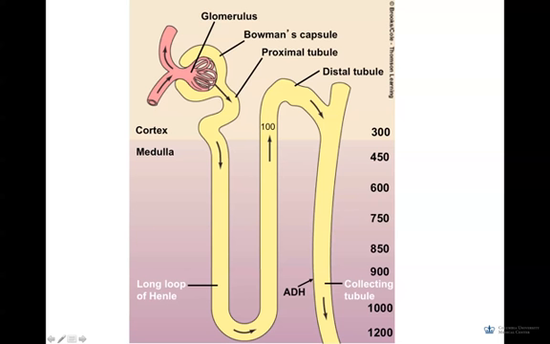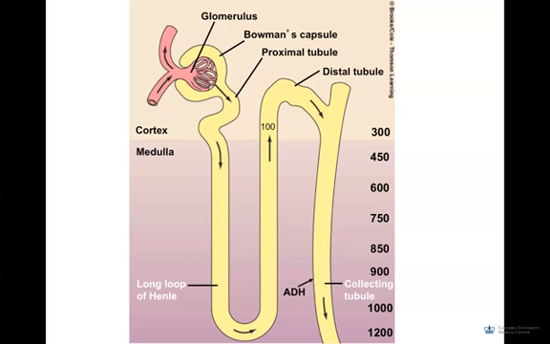And then I also told you that if the body is in perfect balance, perfectly hydrated, urine will have an osmolarity of 300, which is the osmolarity of the distal tubule. So under normal circumstances, urine leaves the loop of Henle and water is reabsorbed at the level of the distal tubule, and then no reabsorption happens at the collecting duct. And then the urine that leaves the kidney has an osmolarity of 300.